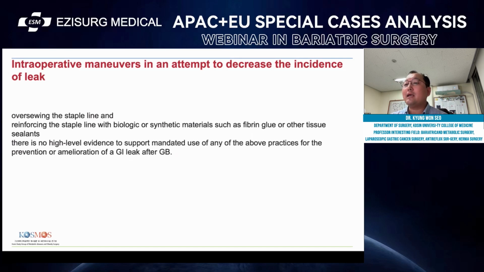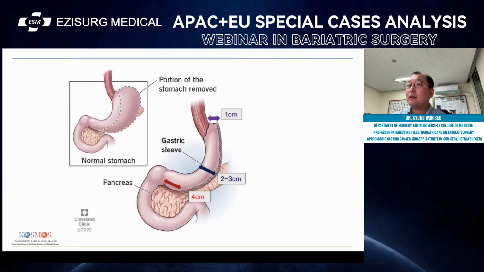But there is no high-level evidence to support the mandated use of any of the above practices for the prevention of GI leakage after gastric bypass or sleeve gastrectomy. So I think that a proper and excellent stapler is one of the most important solutions to prevent so many complications after bariatric surgery.